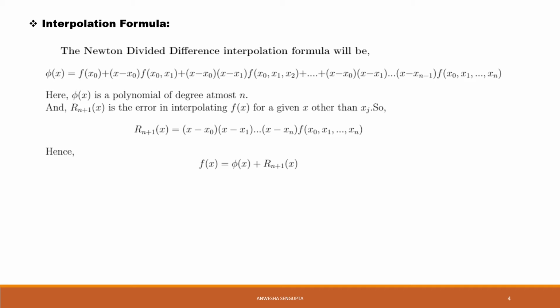R_{n+1} is the error in interpolating f(x) for a given x other than x_j. R_{n+1}(x) is defined by (x minus x0)(x minus x1) and so on (x minus xn) into f[x, x0, x1, and so on xn]. So f(x) is exactly equal to phi(x) plus R_{n+1}(x). This is the interpolation formula, that is f(x) is approximated by phi(x).